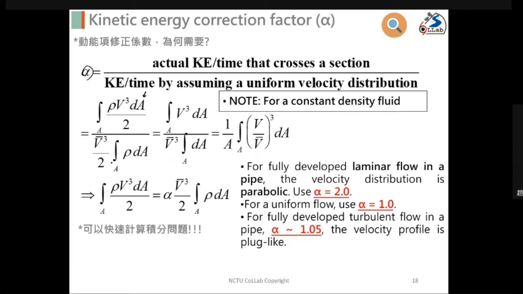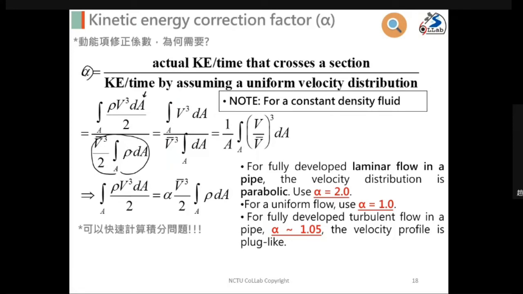So we define the alpha value to be equal to the ratio between the original integration, divided by the integration if we assume the velocity is a uniform flow distribution. Because the velocity is uniform, we simply change it with a different cross-section area.